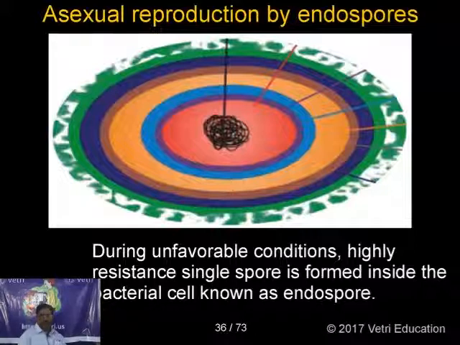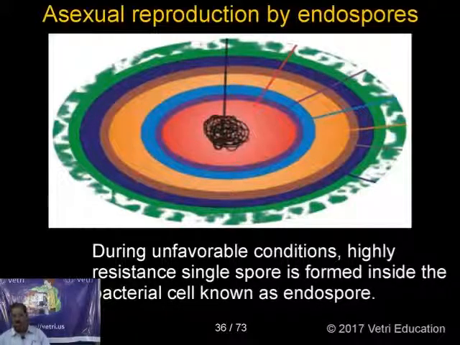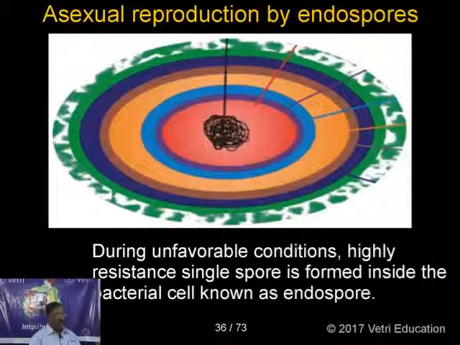Then the formation of endospores. During unfavorable conditions, the bacterium, especially the bacillus type of bacteria, secretes a thick wall around it and takes rest. At that time, the nuclear material, including the plasma membrane, goes to one side, and a very thick wall forms around it. You can find here the layers of the endospore.